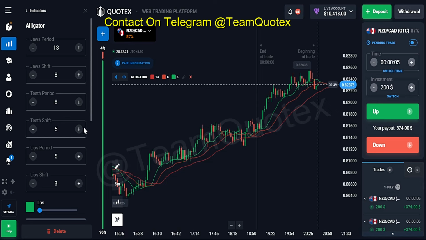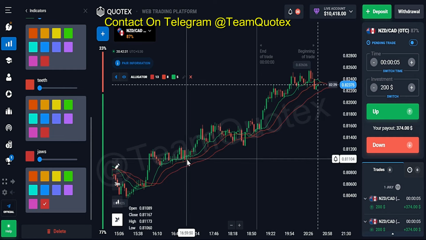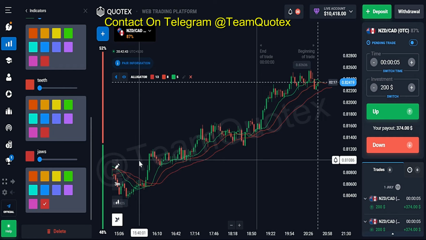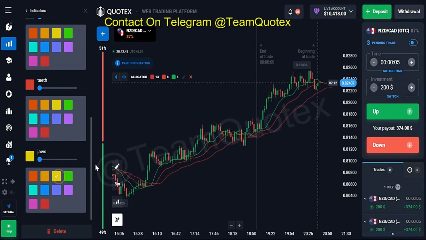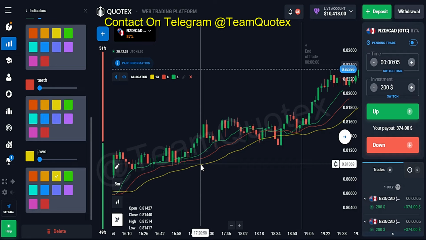If you see, there are three lines, and basically these three lines are moving averages. Namely you can call them lips, jaw, teeth, but we don't need to call them teeth, lips, jaw, because this is too confusing. So we can just change the color of the red line. I am doing this, and now you can identify there are three lines: green, red and yellow. So we will understand it this way.